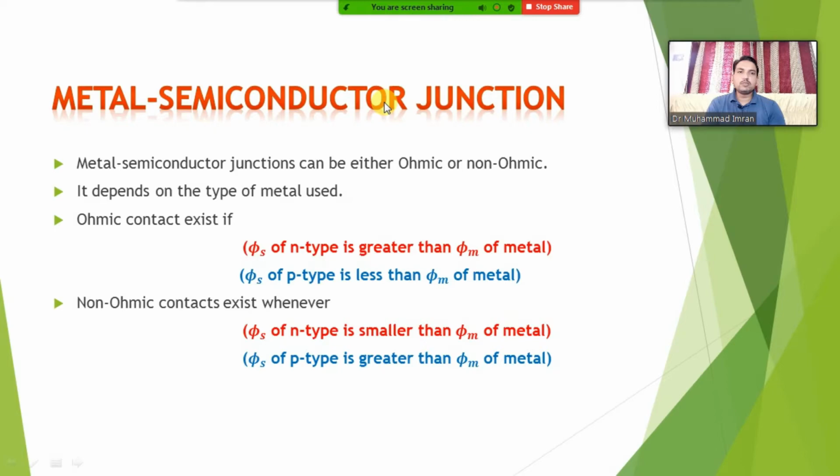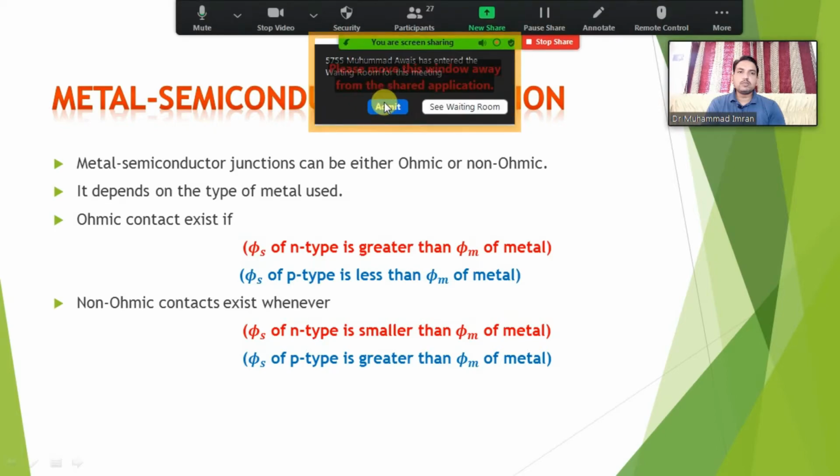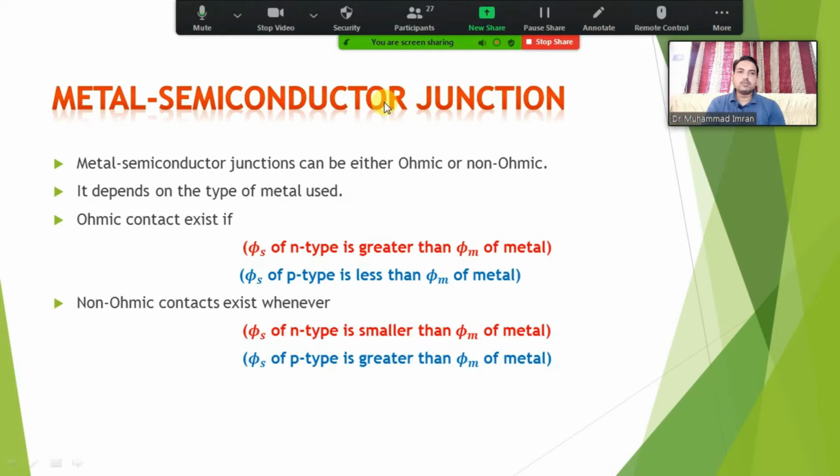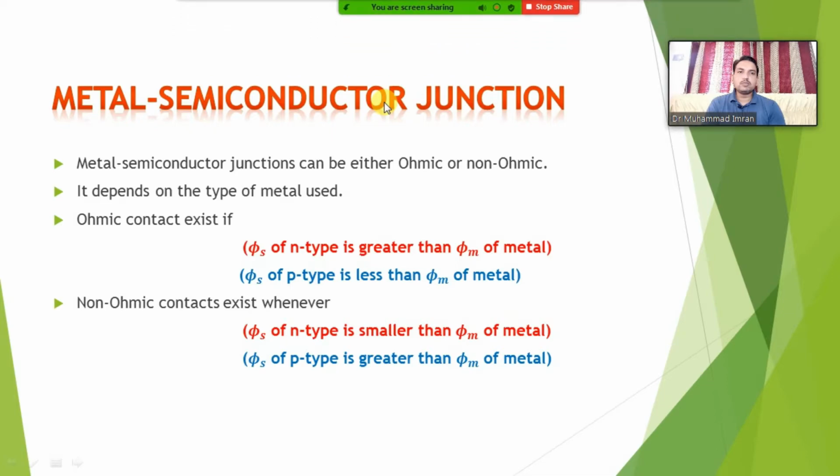There are basically two possibilities. The resultant contact can be ohmic, which obeys Ohm's law, or non-ohmic, also called rectifying, which does not obey Ohm's law, meaning the IV characteristics are not a straight line. This depends upon the type of metal we are using.